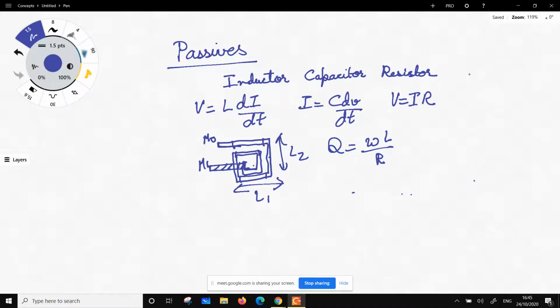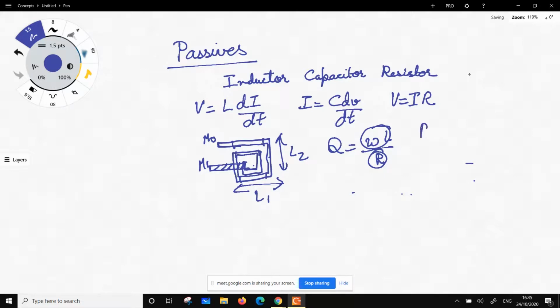It says you are storing more energy and having a lower loss. High Q means the loss is less and you are storing more energy, which means L is high. Now, how do you minimize this loss?